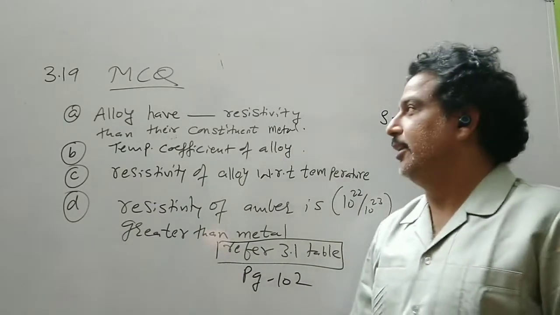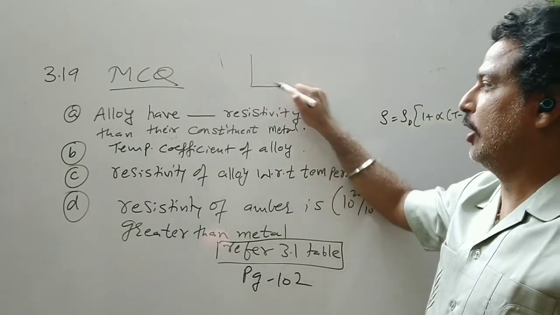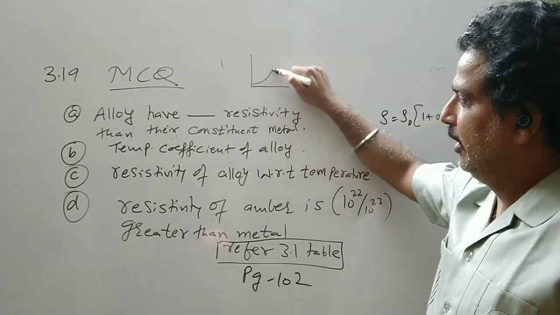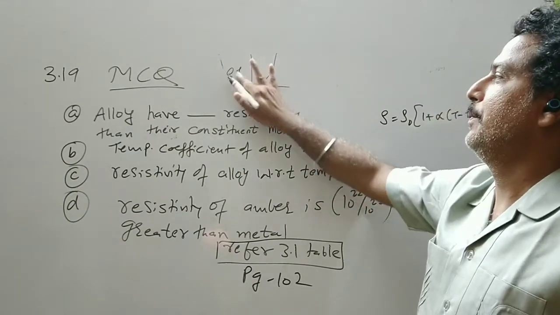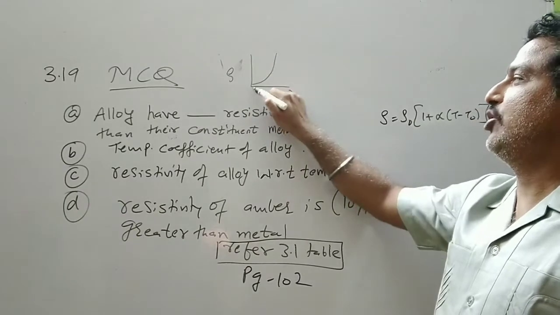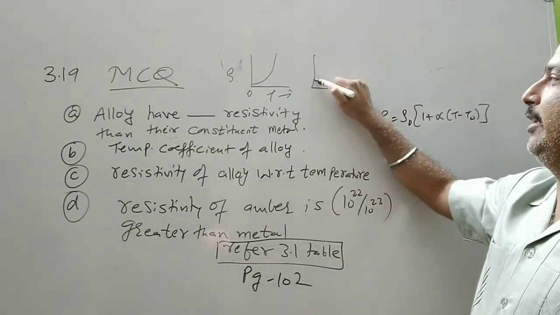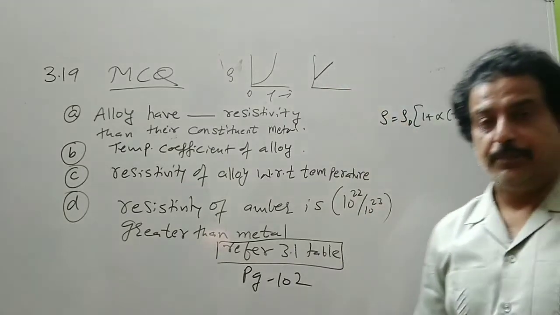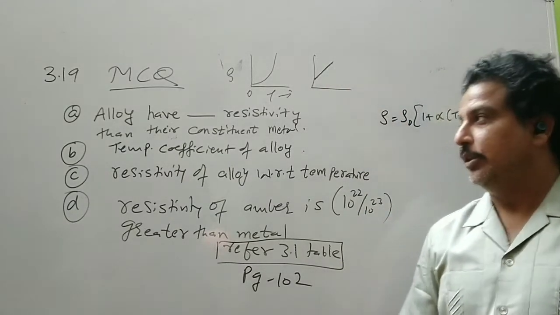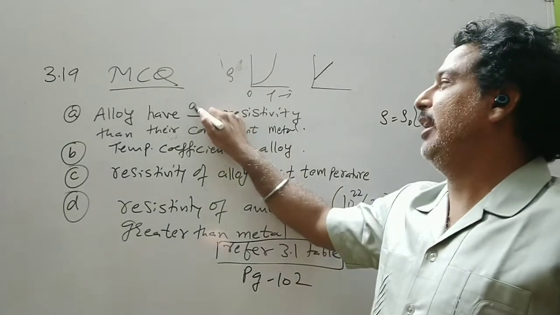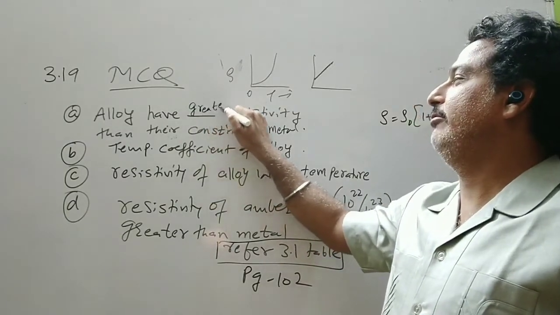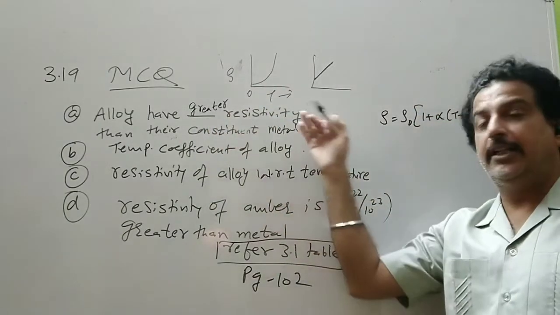So clearly from the graph it was also clear that the resistivity of a conductor tends to 0 at 0 Kelvin, while at 0 Kelvin the resistivity of an alloy was non-zero. So clearly the alloy will have greater resistivity than their constituent metals.